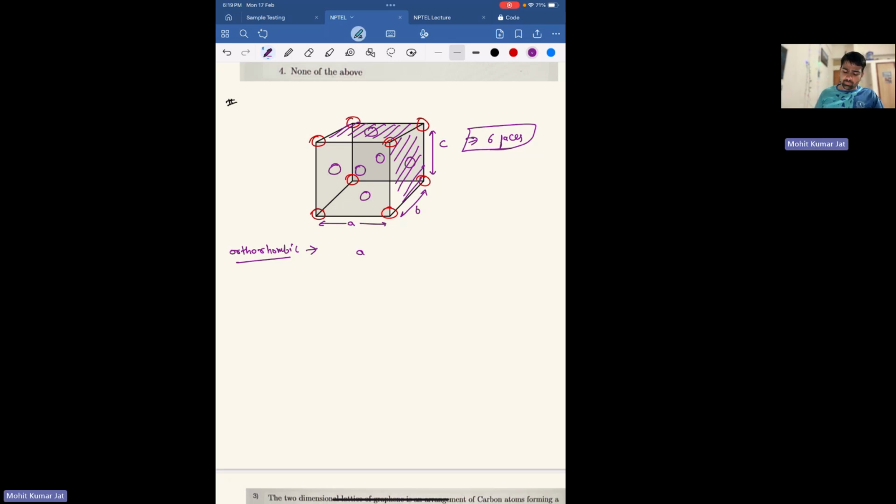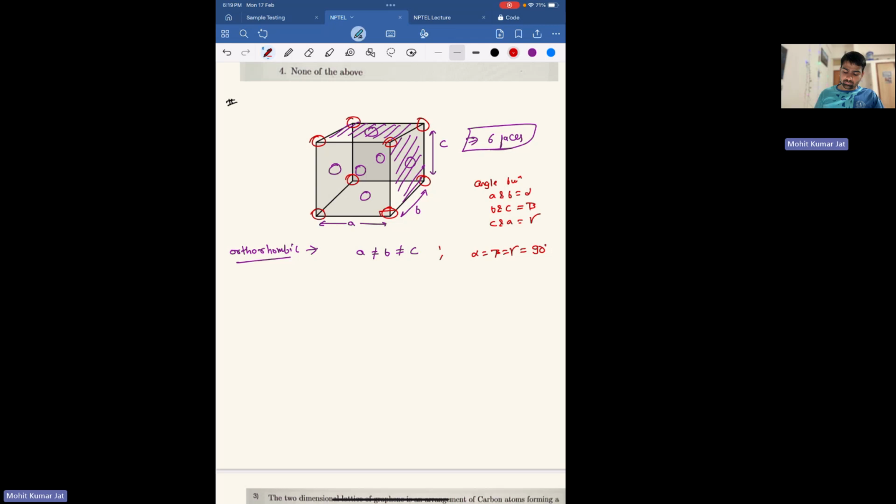So orthorhombic is the one in which a is not equal to b is not equal to c, but the angle between a and b, basically this angle between a and b is alpha, b and c is beta, and c and a is gamma. But alpha is equal to beta is equal to gamma is equal to 90 degrees.